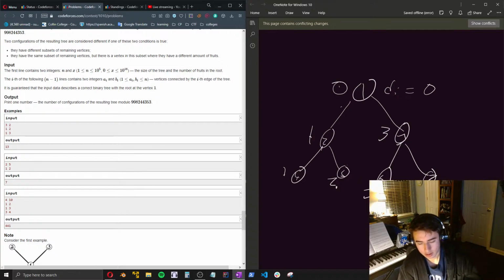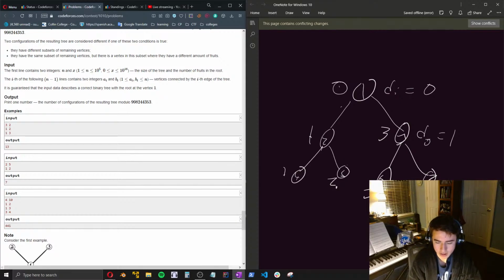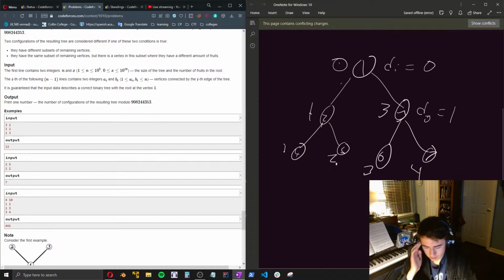And then this is just like normal distance, which is like the distance from the root. After marking all the nodes with any value greater than 0, we need the root to be equal to the value at the root.